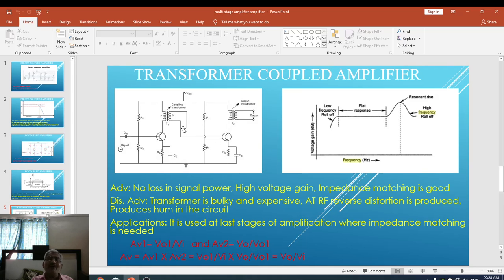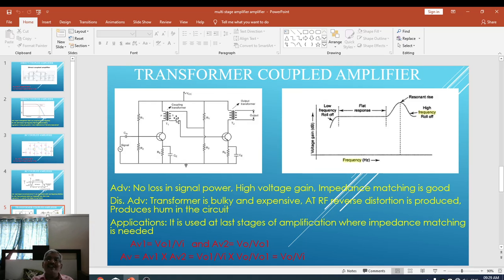In the transformer coupled amplifier, R and C are replaced by a transformer. That is the difference. Otherwise, almost all the circuit diagrams are the same, including the biasing components.